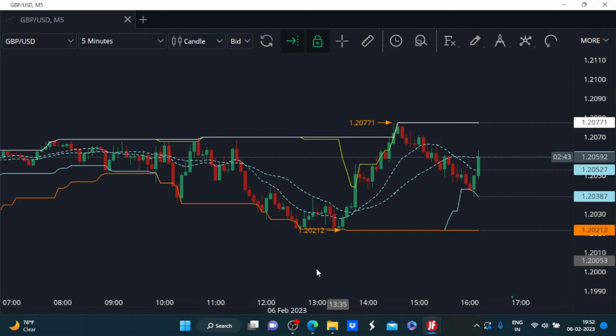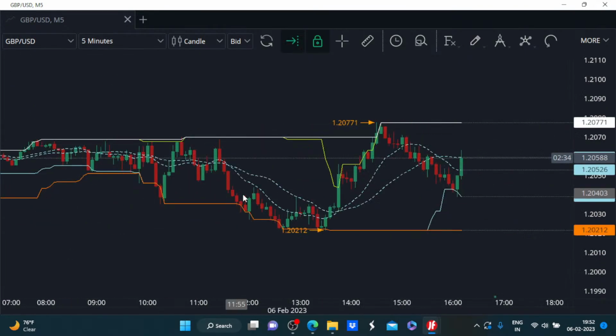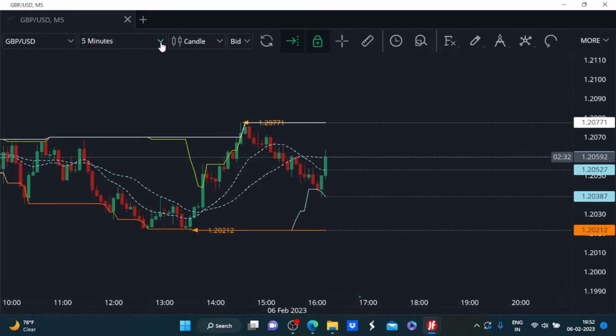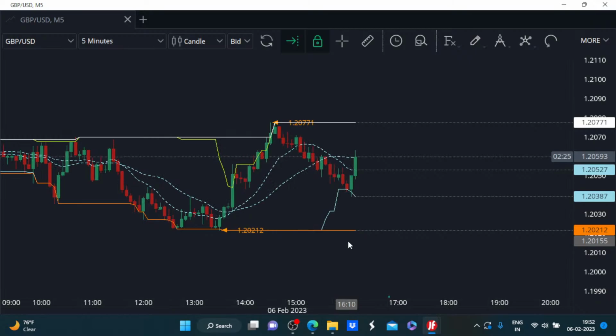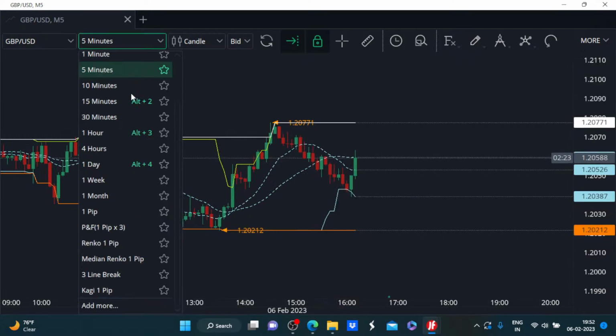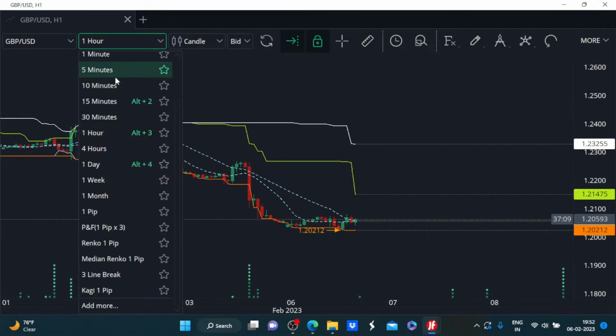So the momentum is not that clearly bearish for the GBP; rather it is going sideways and is in a consolidation phase with a very narrow range. For GBP, the price range for today's session has been around 50 pips, which is pretty small if we look at its historical range in the last few days, where it has been a lot more volatile. The price formation is, of course, bearish from the medium term perspective, but not from the immediate term.